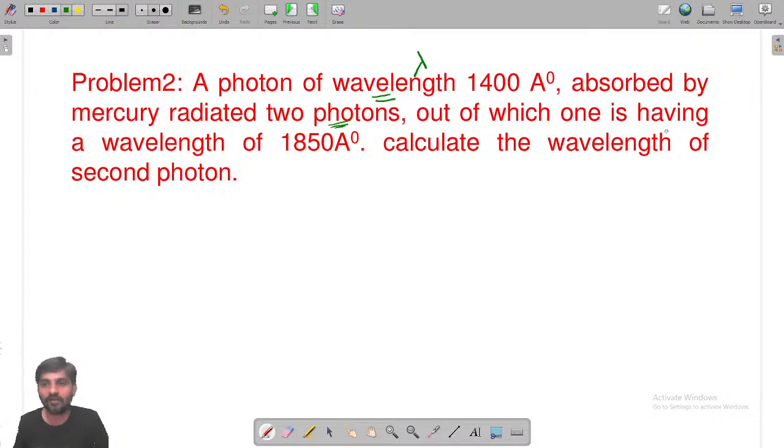Out of which one has a wavelength, let's say, lambda 1. Calculate the wavelength of the second photon.